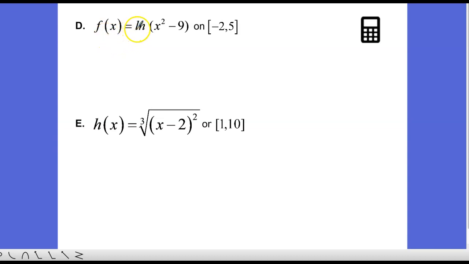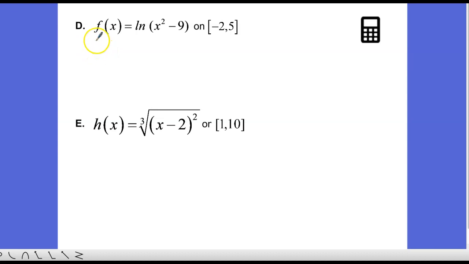f of x equals the natural log of x squared minus 9 on the closed interval from -2 to 5. Now, remember that the natural log has a domain which is all positive real numbers. And so that means that x squared minus 9 has to be strictly greater than 0.